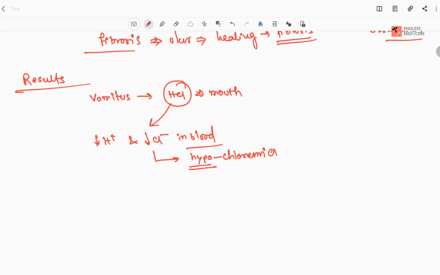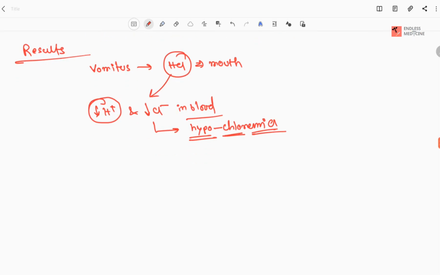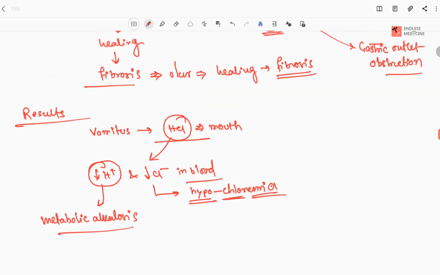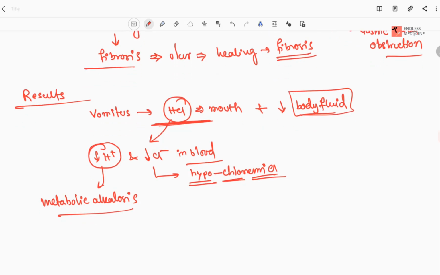Hypo means decrease, chlor means chloride, and emia means blood. And a decrease in hydrogen ion in the blood causes metabolic alkalosis. There is release of HCl from our mouth as well as a decrease in body fluid, as food and water are released through the vomitus.